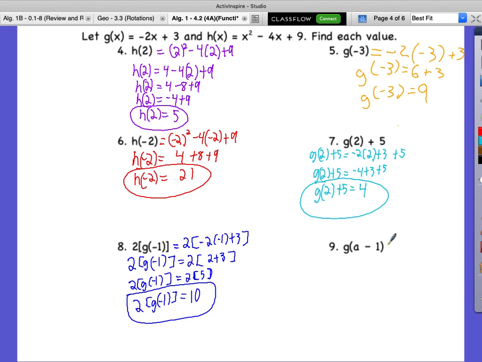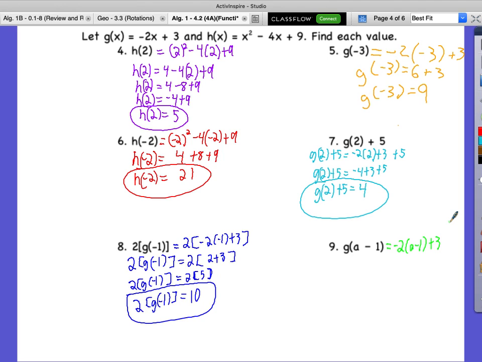Let's just restart. What would I write? You want to tell me? It'd be negative 2 times a minus 1, and then plus 3. Yeah, we just read it like that. Now, once we have it written, we know how to do this.